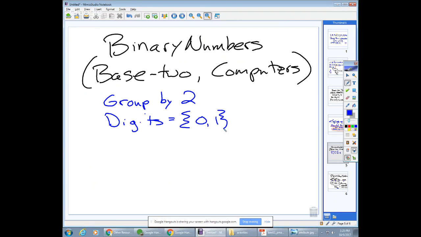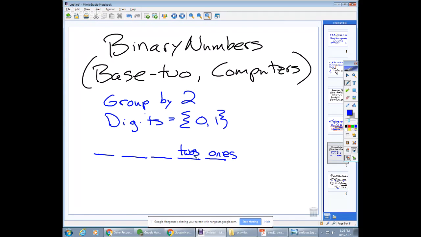Then I start thinking, okay, if I'm grouping by 2, what are my place values? So let's list out, say, the first 5. 1, 2, 3, 4, 5. The first place has to be what? 1s. The next place is always what you're grouping by. What am I grouping by? 2s. Then I just keep grouping by 2 to name the next places.